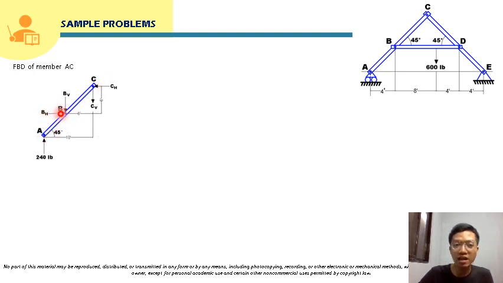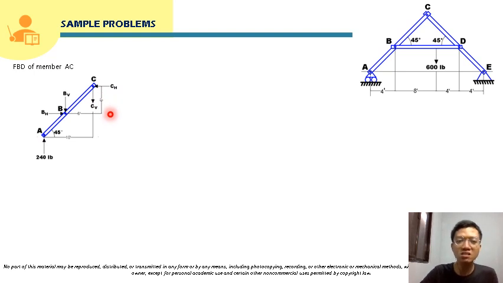So BH should be directed to the right and BV should be directed downward. We already solved for BV, so we will use that here. And for the pin at C, the reaction forces here will be CH and CV, and we will just assume their direction. CH, we will assume as directed to the left, and CV, we will assume as downward.